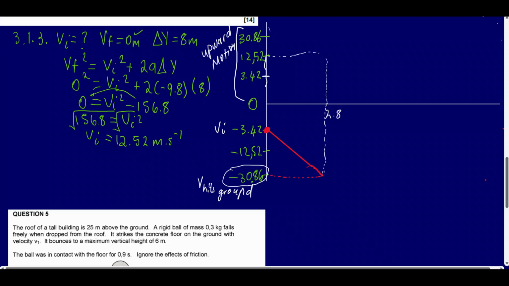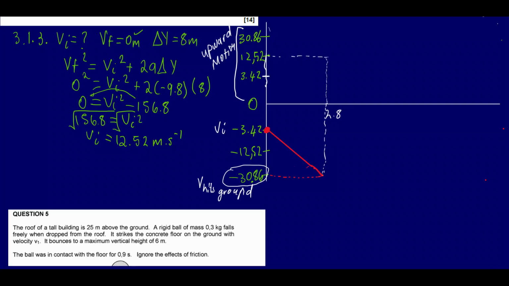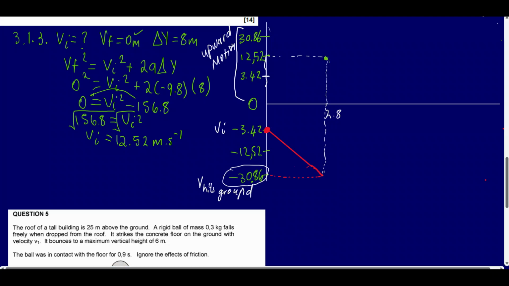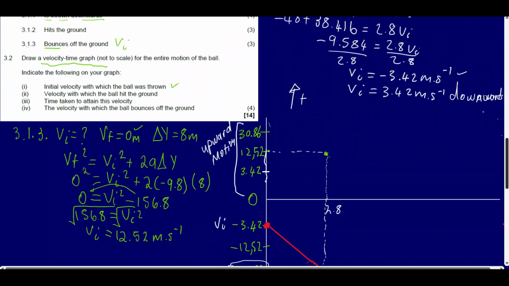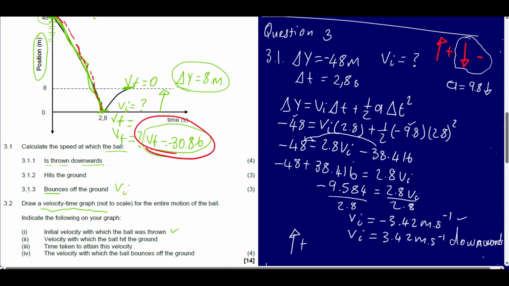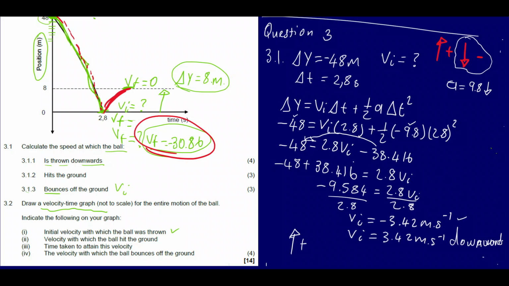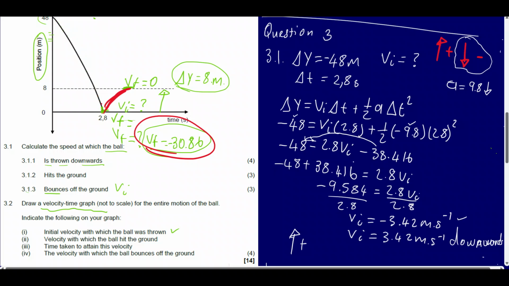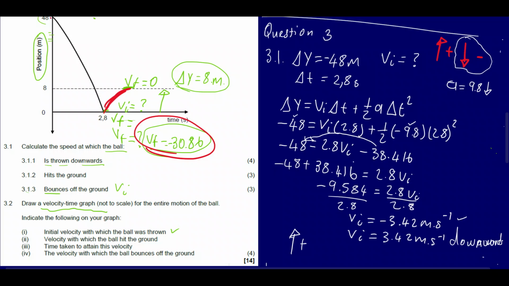And the velocity that it leaves with is somewhere here, which is that 12.52, which was calculated there, right? So we can show this with the upward motion, but you can see that this upward motion goes just until some maximum height somewhere, right?